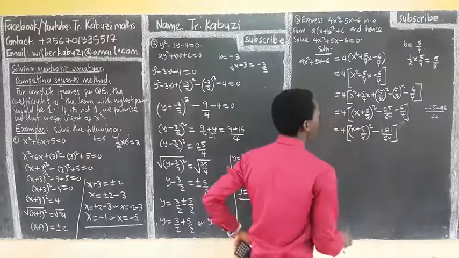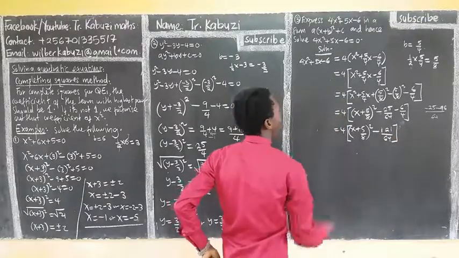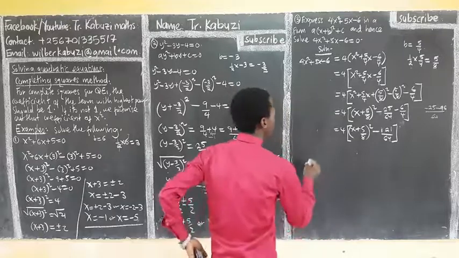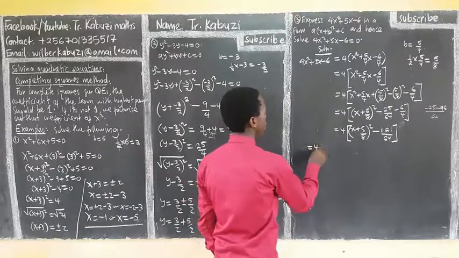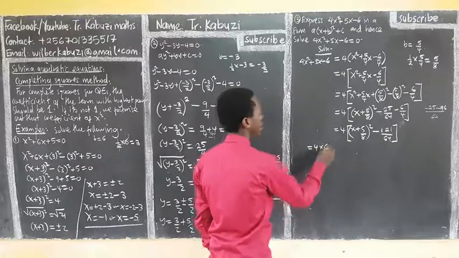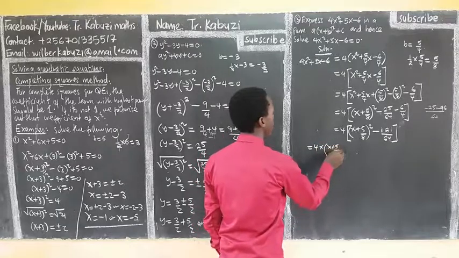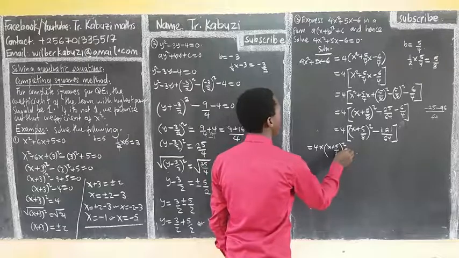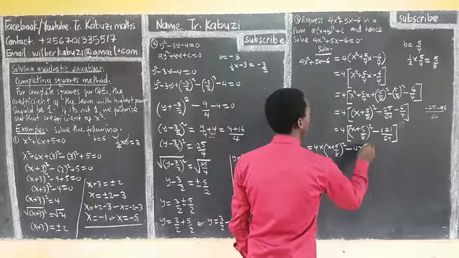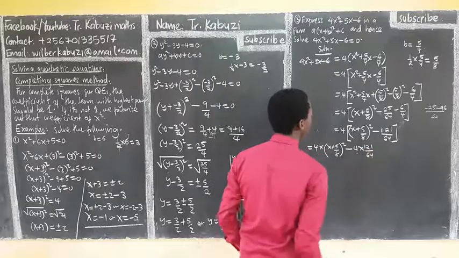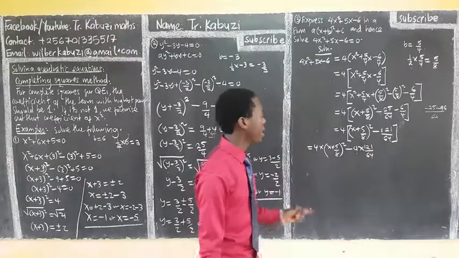Now after that, you multiply this 4 back. So now this will be 4 times x plus 5 over 8 squared, then minus 4 times 121 over 64. Now, don't ever make this mistake.